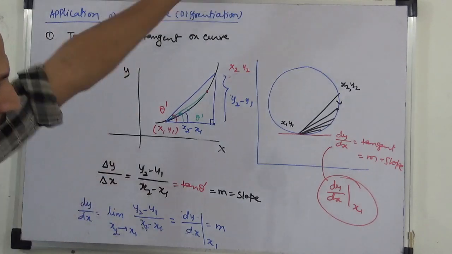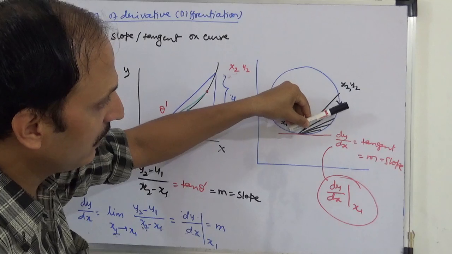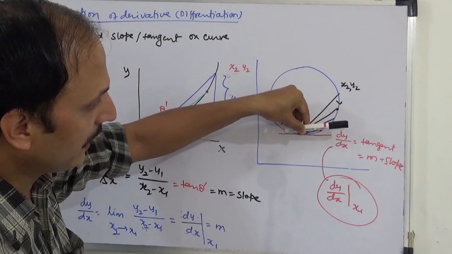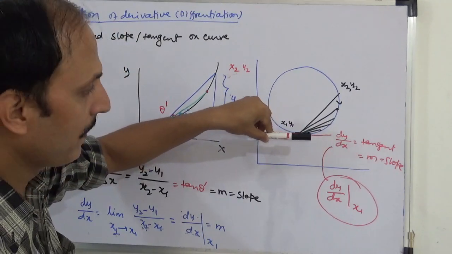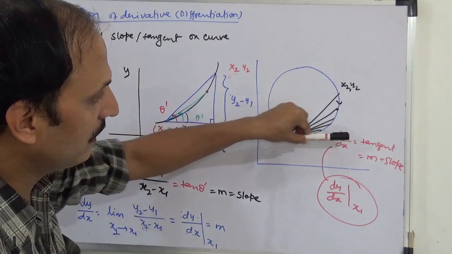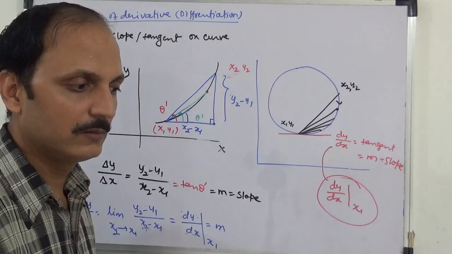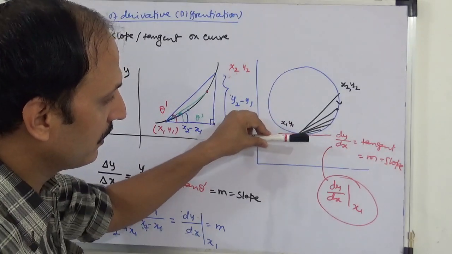But you see, as x2 decreases, the line also decreases its angle, and for some value this will be the tangent. When x2 becomes very close to x1, this will become a tangent here.